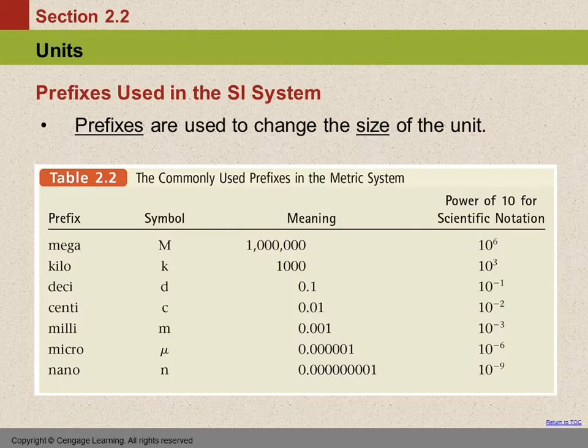So there are prefixes for every power of 10. We don't use all of them, though. These are the more common ones, and the ones we use frequently in chemistry are kilo, centi, milli, and micro. I'm pretty sure those are the ones I put on that list for you to memorize.